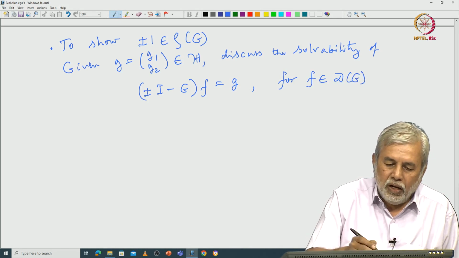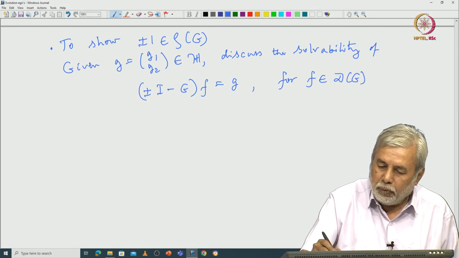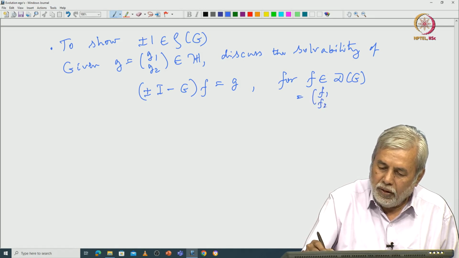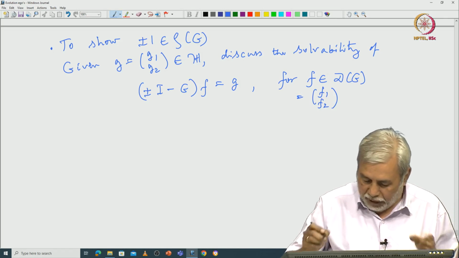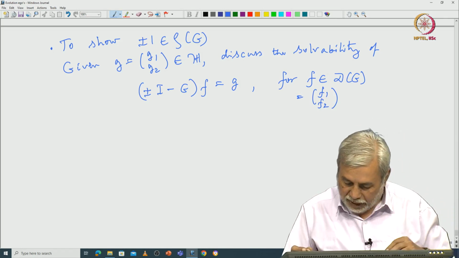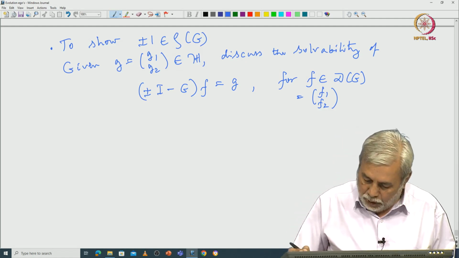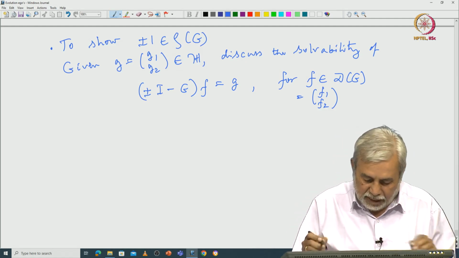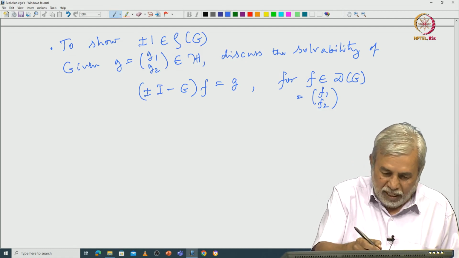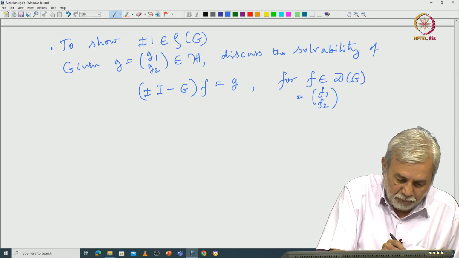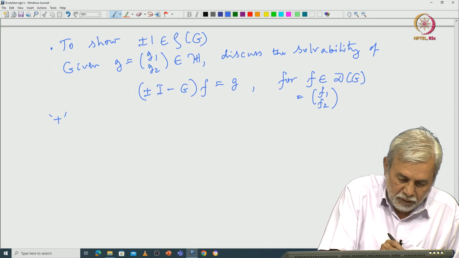Okay. Now, you write again f equal to (f1, f2), okay, and again use the definition of G. So, what you get is, so let me just write that. For example, taking first plus sign, okay.